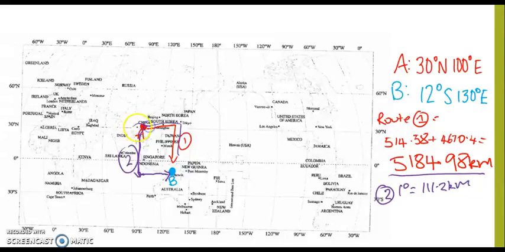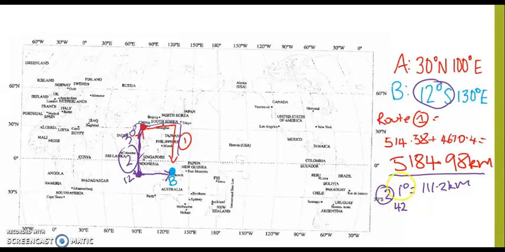It starts at 30 degrees north, travels down to the equator, which is 0. From 30 down to 0, that's 30 degrees. We have to travel an extra 12 degrees. You'll notice that B lies on 12 degrees south. That's where this spot here is. So another 12 degrees, 30 plus 12, that is 42 degrees to travel from A to the turning point.